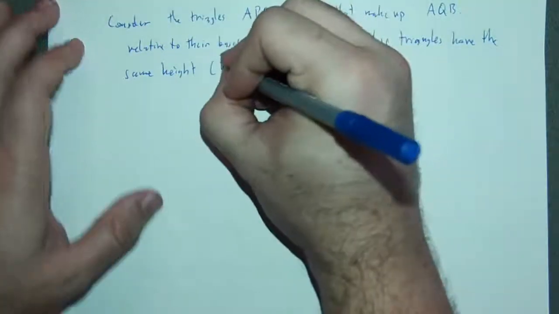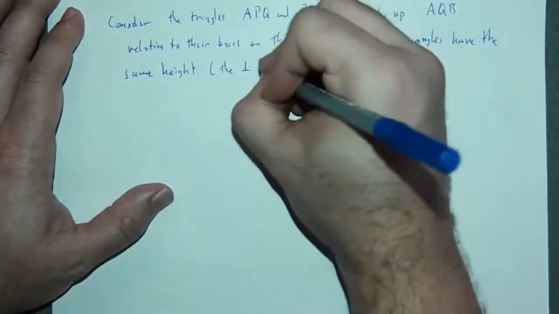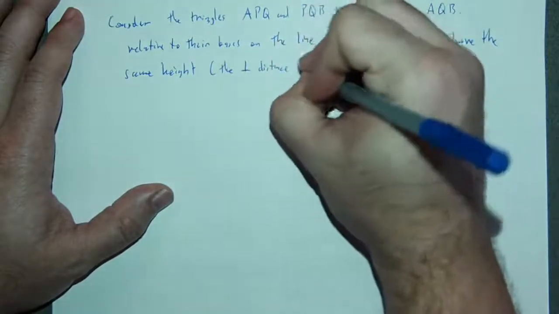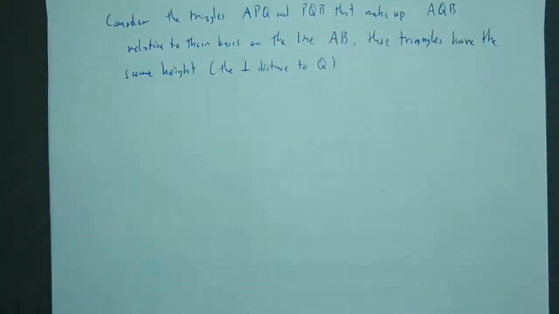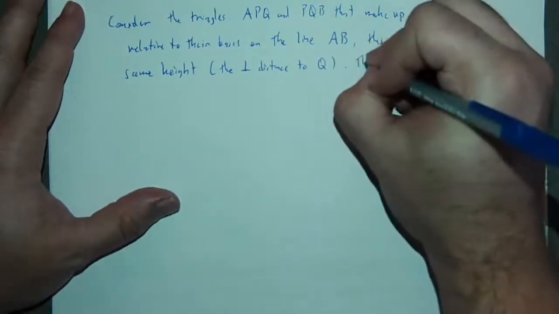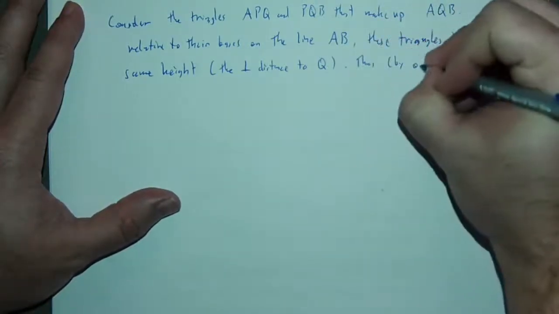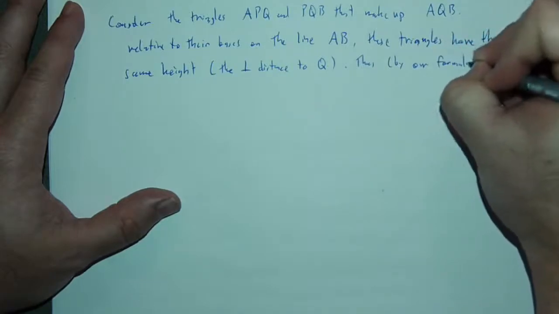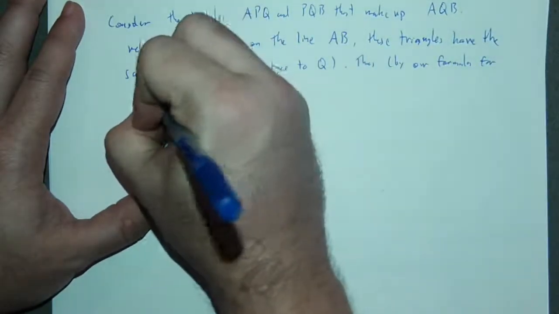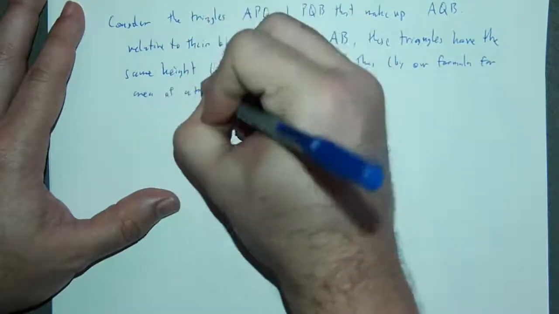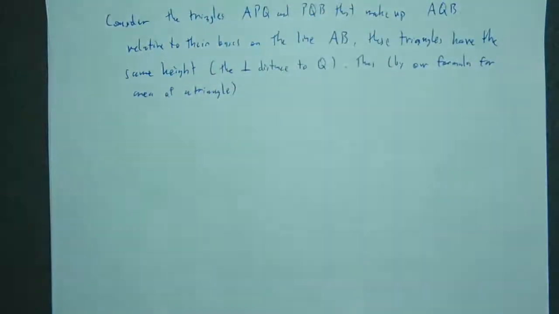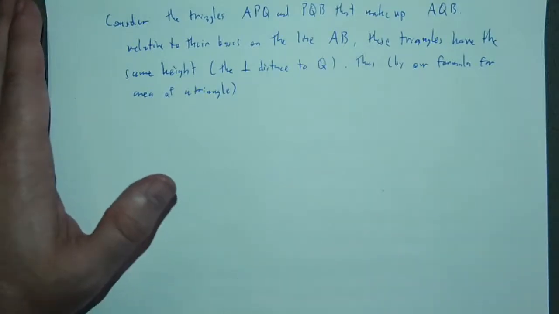That height is the perpendicular distance to Q. Okay. All right. Thus, by our formula for area of a triangle, and rather than just that formula, but that statement we mentioned on proportionality following that formula, their bases are in the ratio of their areas.